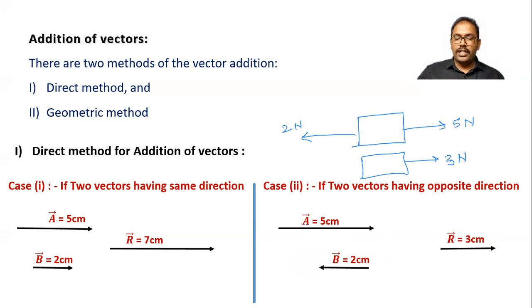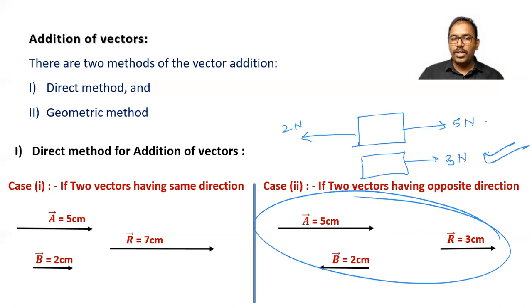Listen, the resultant diagram of these two we can draw like this. Basically, if two vectors have opposite directions, we can subtract these two magnitudes. Same direction, we can add. But listen, this is not the subtraction that you have to do, because subtraction is a little different compared to this.